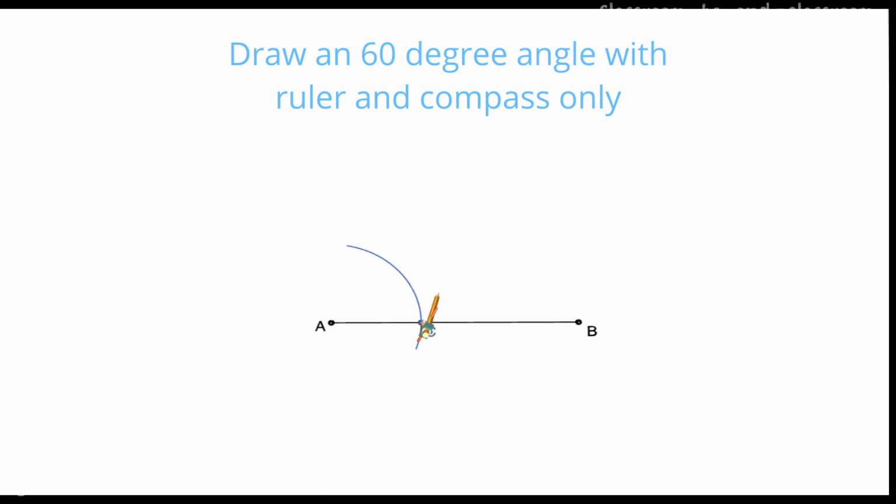Now take C as the center and same radius, draw another arc to cut the first arc at a point. So the second arc cuts the first arc at a point, and we take the same radius and both the arcs cut at a point, say D. Now join AD and you can extend it to any point.